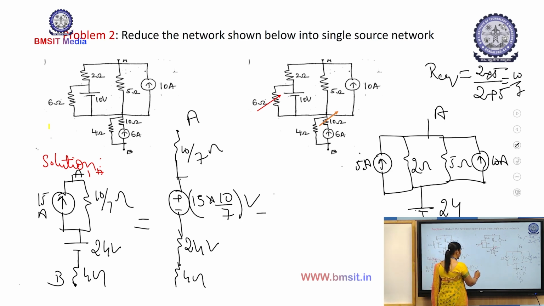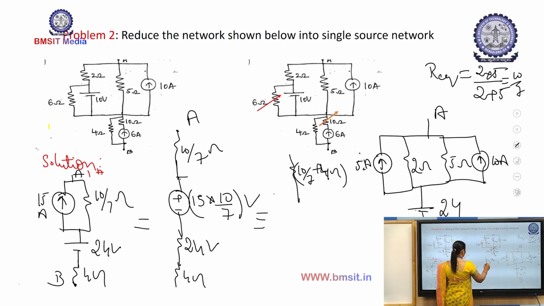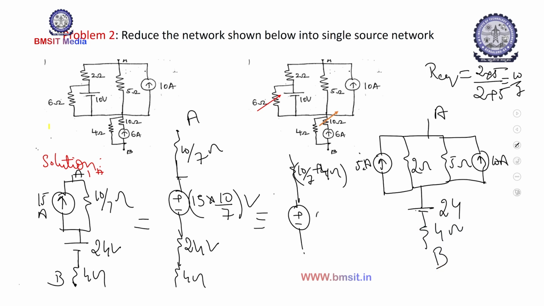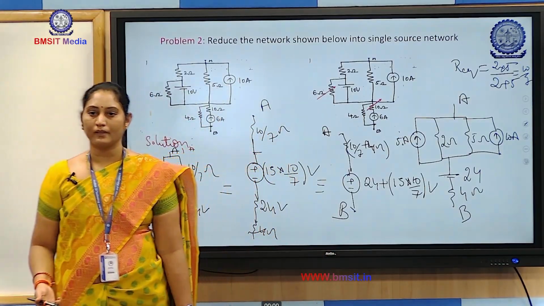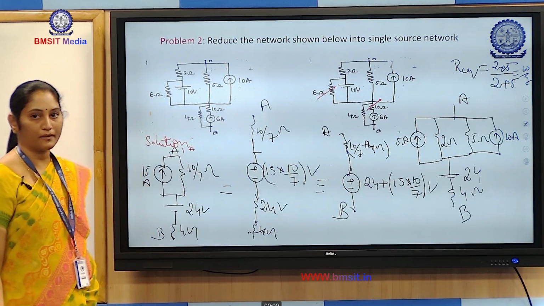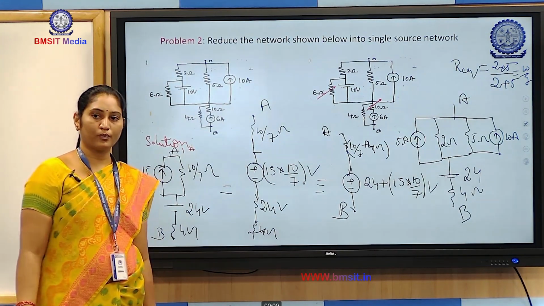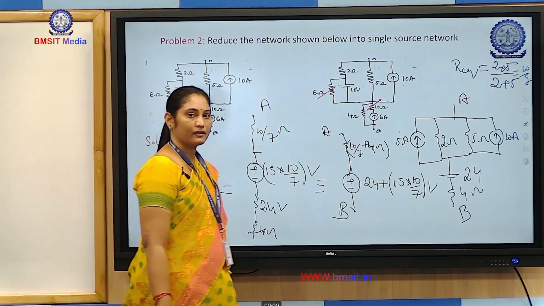So the resultant resistance will be 10 by 7 plus 4 ohms, and the voltage will be 24 plus the other source. So this is the single voltage source. This can also be written as a current source as well. So we'll do more and more problems in the next lecture. Thank you.